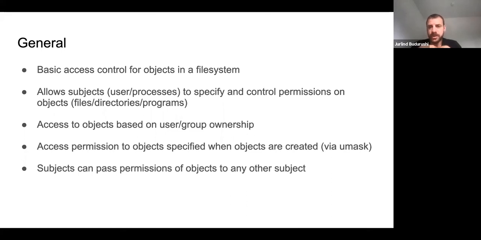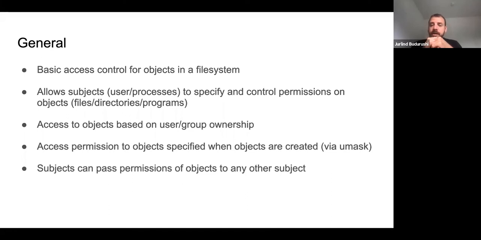It allows subjects, by which we mean active processes, which are users, active in the sense that they take actions and execute actions on objects, which are passive, like files, directories, and programs.